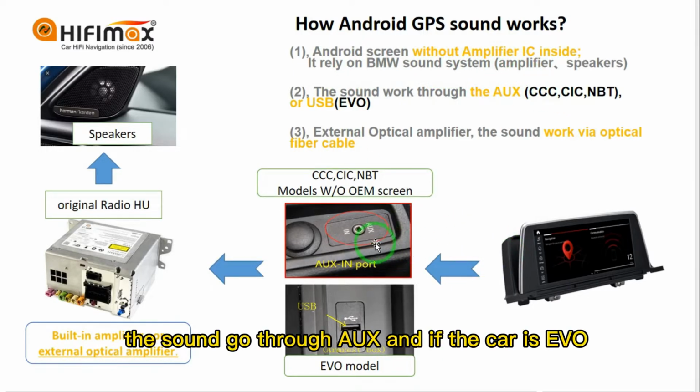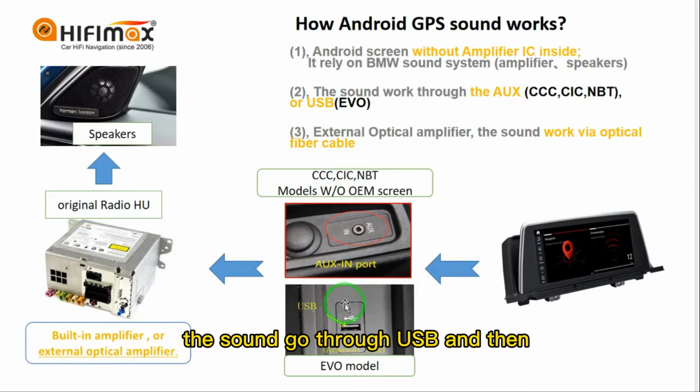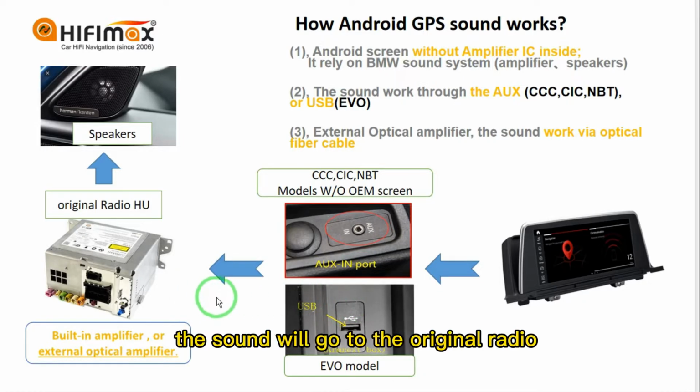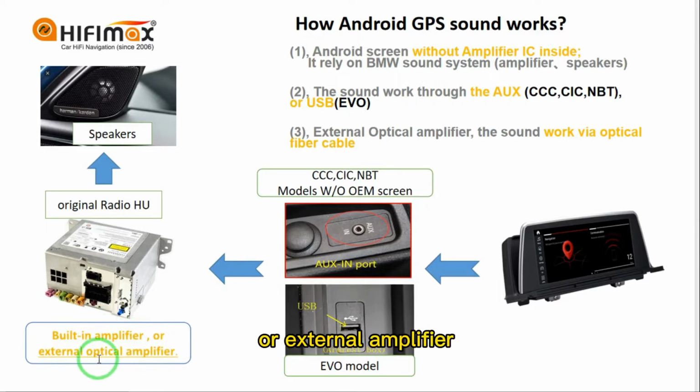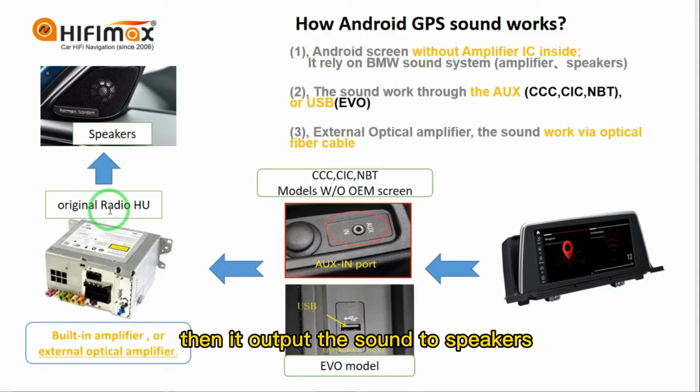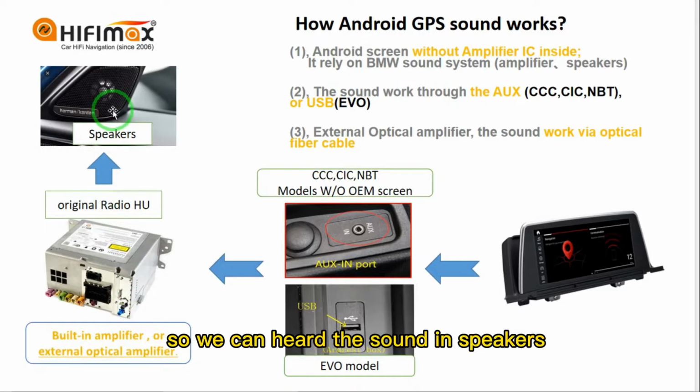The sound goes through AUX, and if the car is EVO, the sound goes through USB, and then the sound goes to the original radio. The original radio has a built-in amplifier or an external amplifier. Then it outputs the sound to the speakers, so we can hear the sound in the speakers.